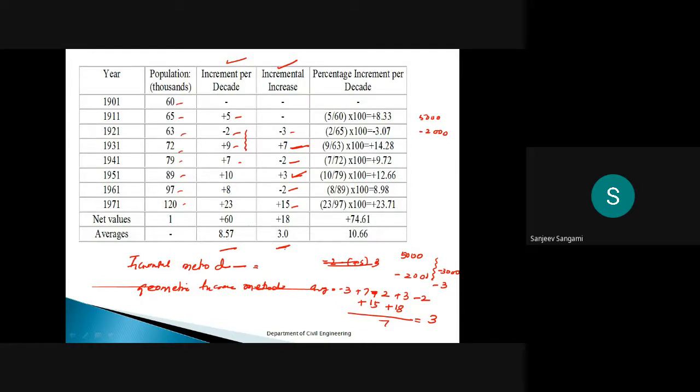The average will be 3. This you already considered as x, and this you have to consider as y in the incremental increase method formula. That is P is equal to P naught plus n x plus n into n plus 1 divided by 2 y. This formula we already did.